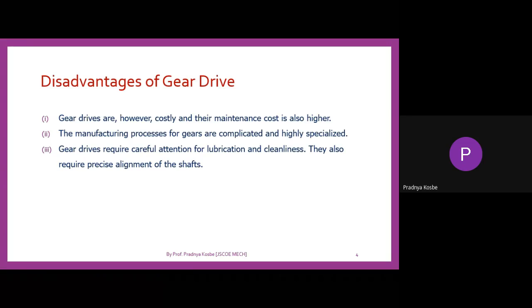They should have precise dimensions as well as alignment. After gear manufacturing, they also require some heat treatment, so again the cost will increase. According to application, they can be made up of cast iron, steel or alloy steel, so according to the material, their cost will increase.